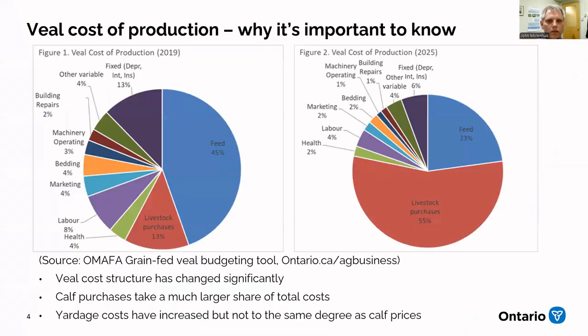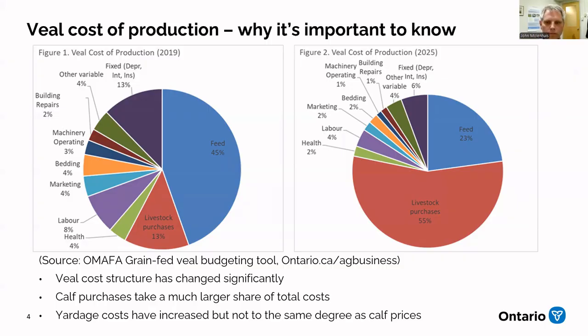When it comes to cost of production, in 2019 we hadn't done it for quite a number of years, so that was the impetus for the session. The prompt for an update this year is the biggest factor, livestock purchases, and the calf prices we're seeing now, which are at unprecedented levels.